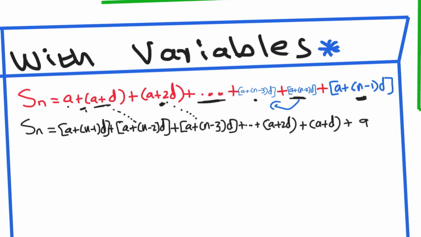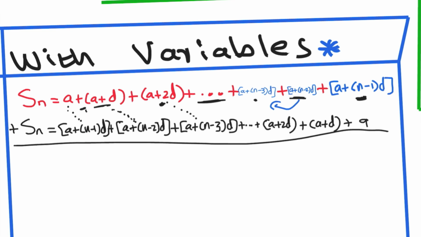Now I'm going to just add them in alignment. Remember, a will add the first, and this one will add this. So I'm going to say plus. Now, Sn plus Sn, guys, is how much? Sn plus Sn is 2Sn, which is equal to, now, a plus n minus 1 into d. A and a. Let me show you on the side. If I have a plus n minus 1 into d, I'm just going to add the a's.